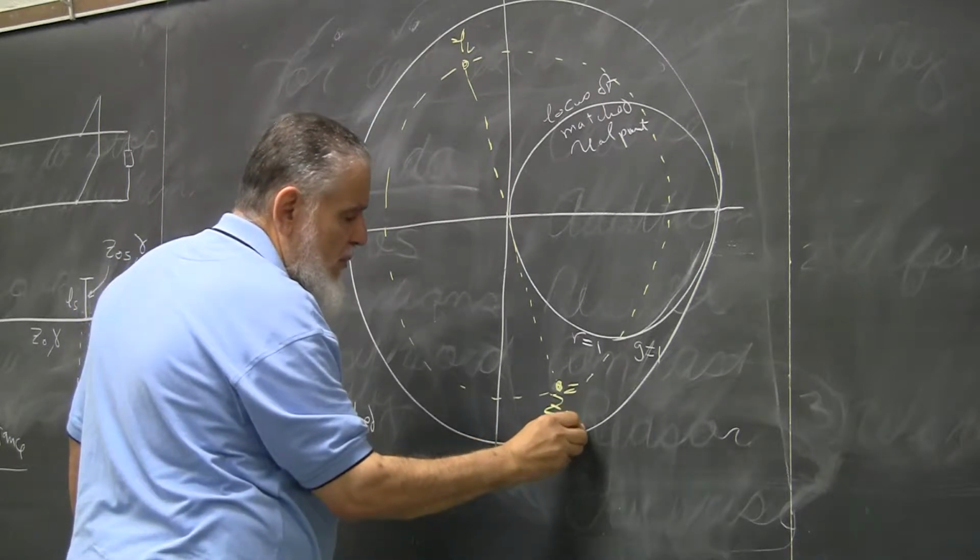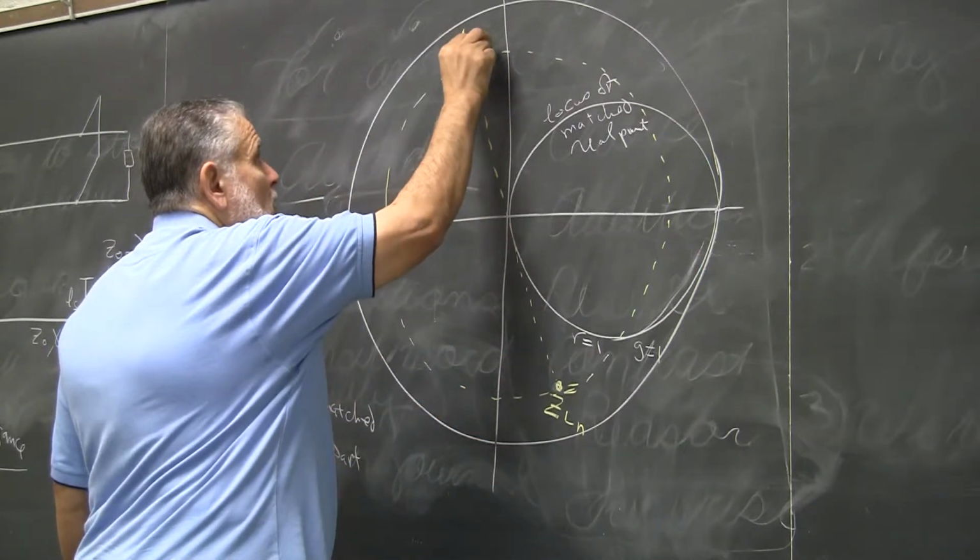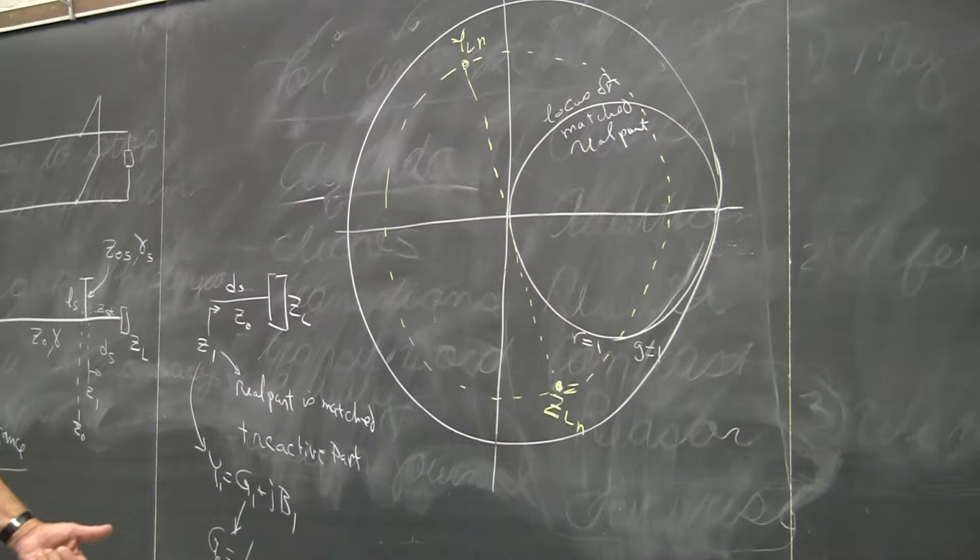This should obviously be normalized, okay? I'm going to add N to indicate that these numbers are normalized. You can't work in ohms on the chart, right? The chart has no units. It's all normalized quantities, so you need to work normalized.